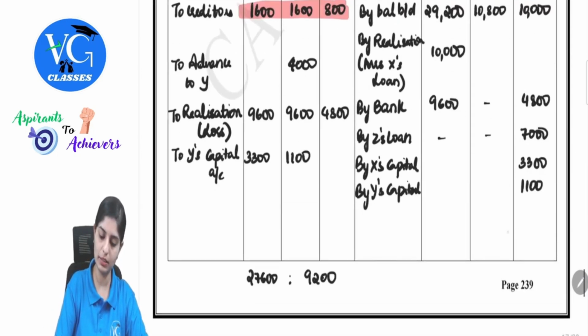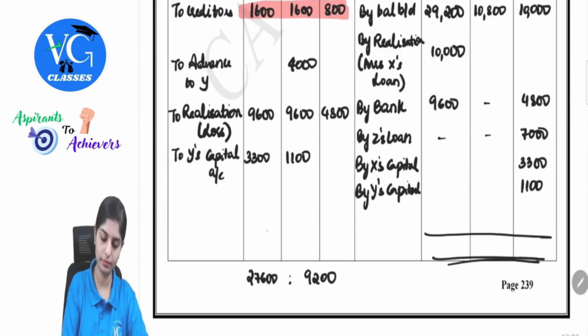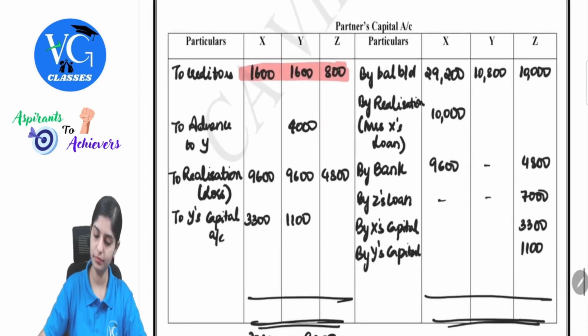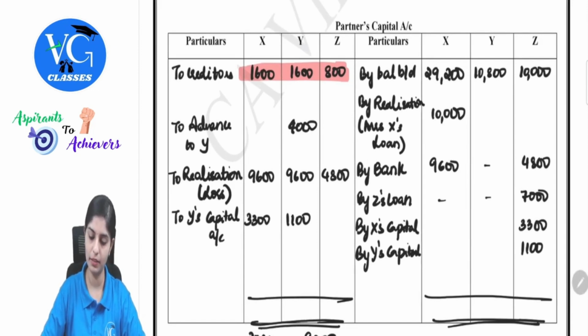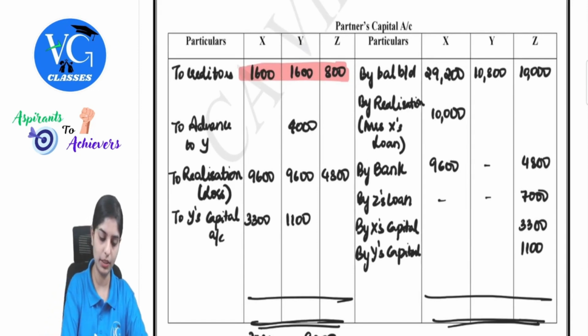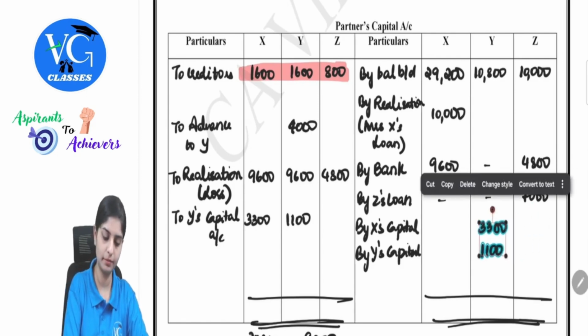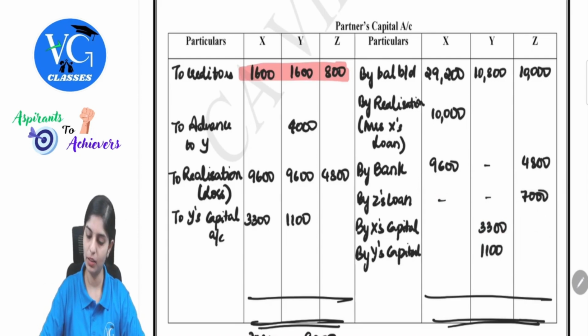Let's close this. 800 plus 4,800. Sorry, this will come to Z, not Y. 10,000 plus 4,800 plus 7,000.